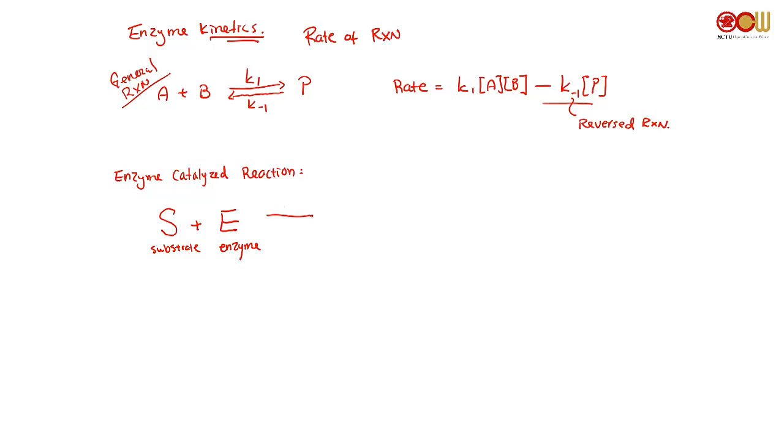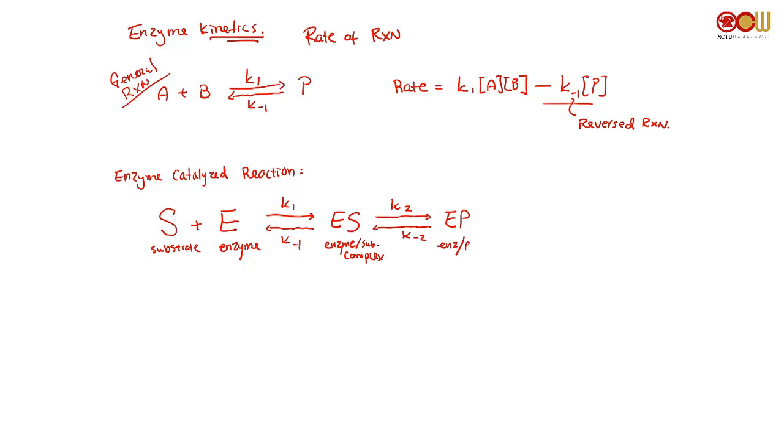Okay, and then the first step of this reaction, still K1, K minus 1, you will generate this ES complex. So this is going to be the enzyme substrate complex. And then ES will then, with K2, K minus 2, become EP.